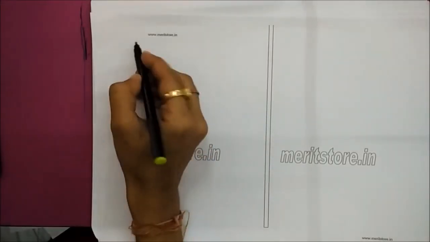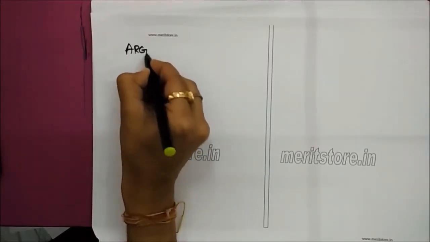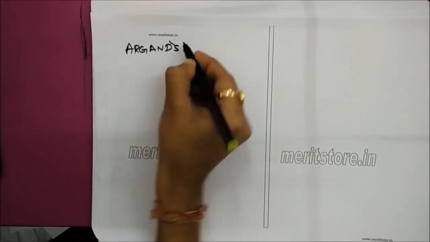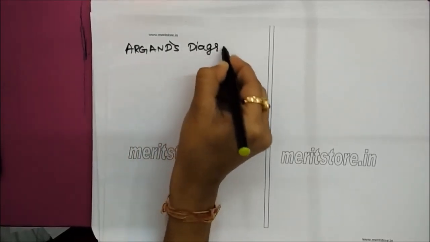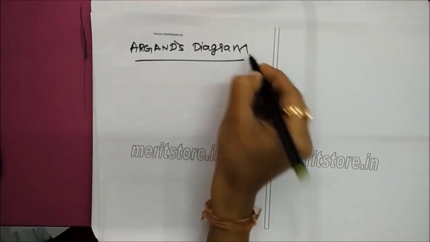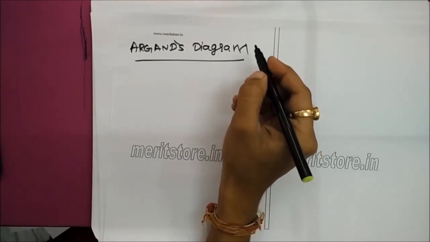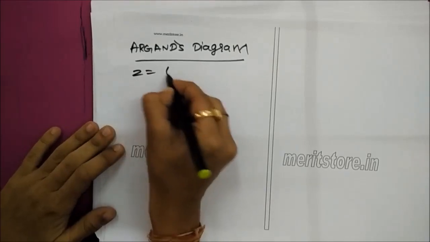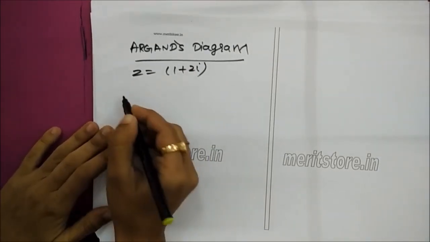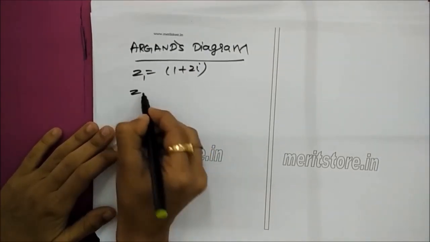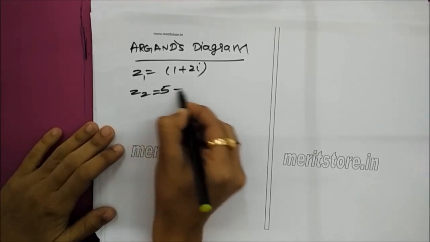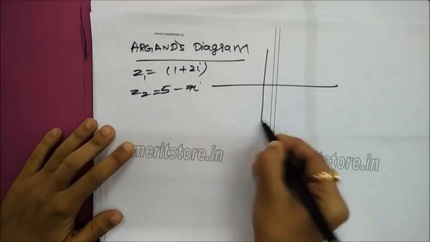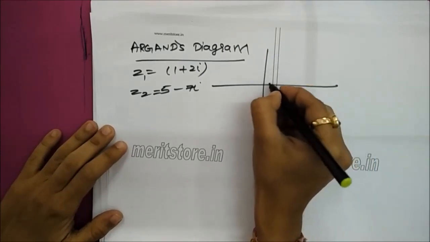Argand diagram, certain examples. Let's say z1 is equal to 1 plus 2i, and z2 is 5 minus 7i, and I have to plot the functions.